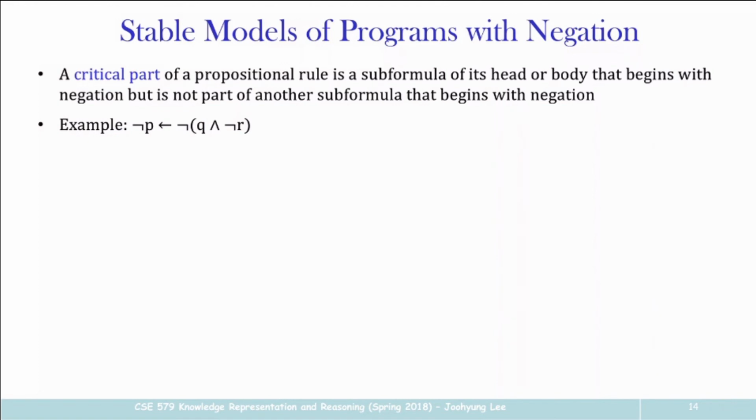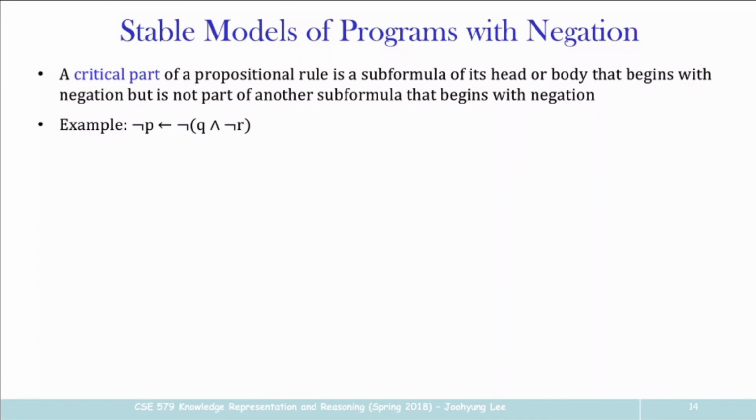You remember the sub-formula finding that we did when we went into propositional logic? Why did we spend some time on doing that? Because of this. We have to identify some sub-formulas that we are going to transform into top or bottom. This is the part of the formula that starts with the negation.